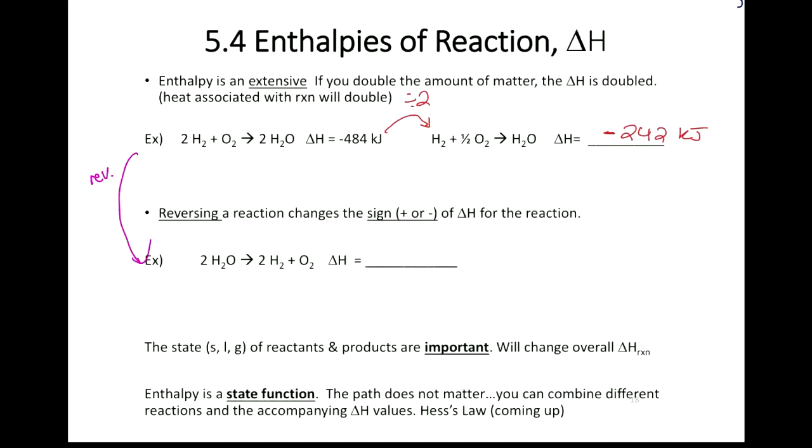So for this chemical reaction, do we know what the delta H value is? Positive. Positive what? 484, yeah, because if we compare the original reaction and the new one, we just did the reverse of it. So it's a positive 484 kilojoules of energy. So this reaction actually requires energy.